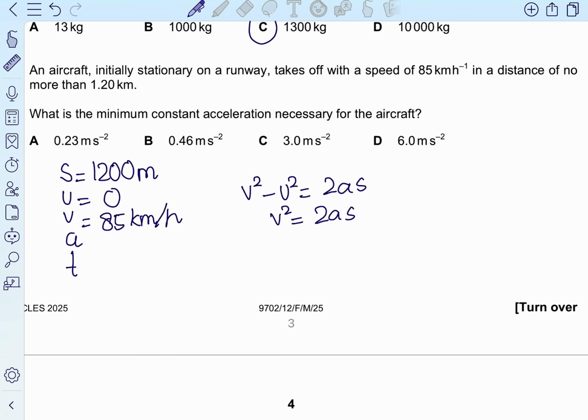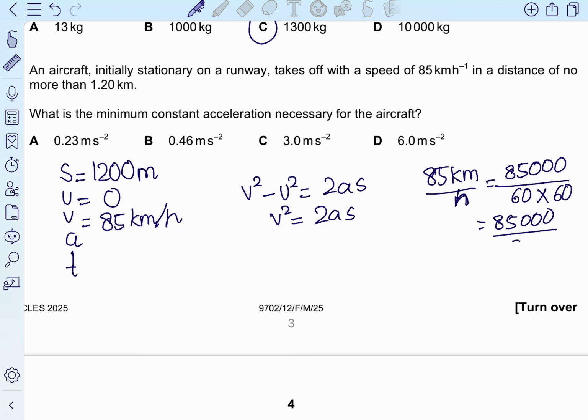Now remember, 85 kilometers per hour, if you want to write it in meters per second, it's 85 kilometers per 1 hour. So 85,000 meters. 1 hour has 60 minutes, and 60 minutes has 60 seconds. So it's essentially 85,000 divided by 3,600.